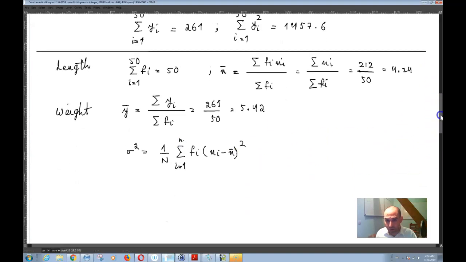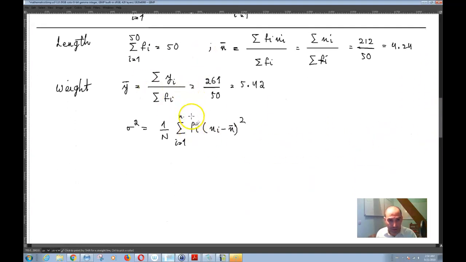And so for this particular example, I can write sigma squared is equal to 1 over n sigma of f of i, I don't have to write it as we discussed before, and x of i minus x bar whole squared, as i goes from, for example, 1 to 50 in both cases.